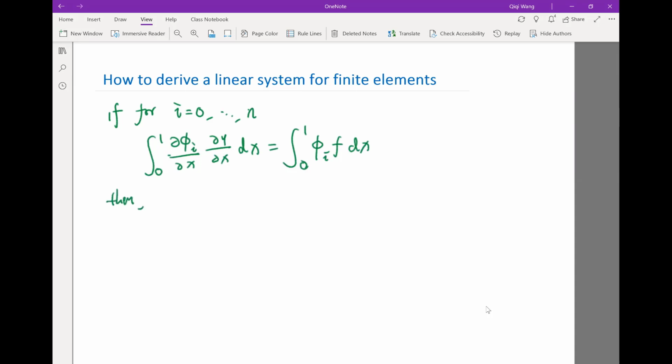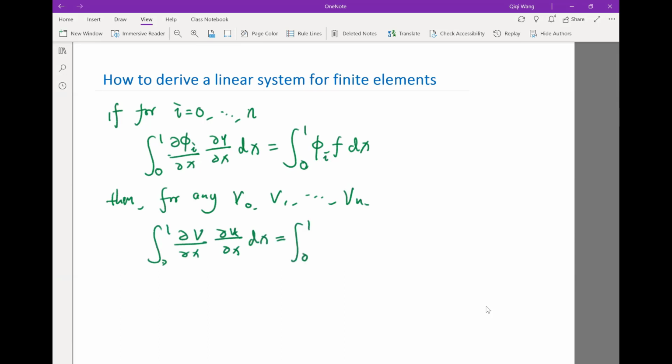Then for any coefficients v0, v1, etc., vn, the integral of dv/dx times du/dx would be equal to the integral of v times f dx, for v of x equal to the summation of i goes from 0 to n, v_i phi_i of x.